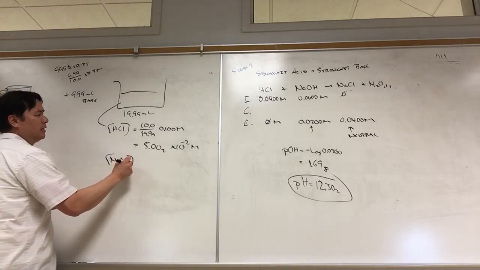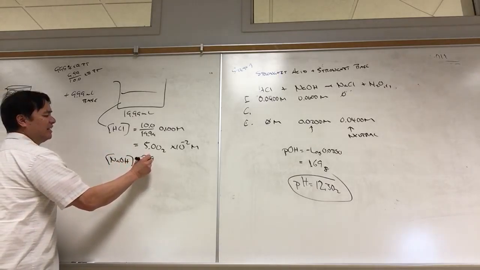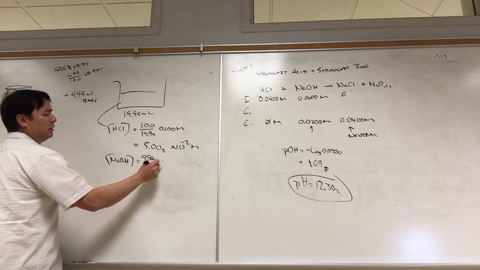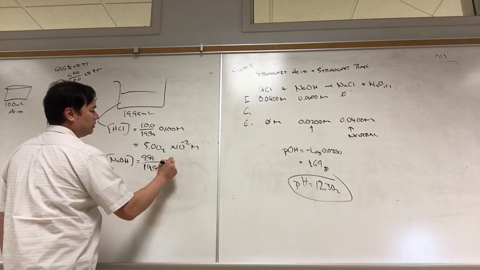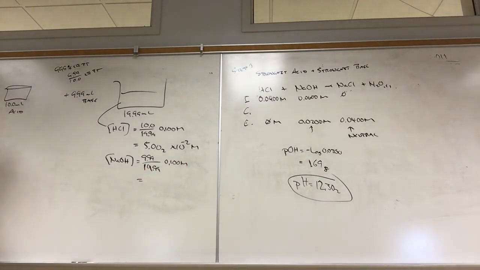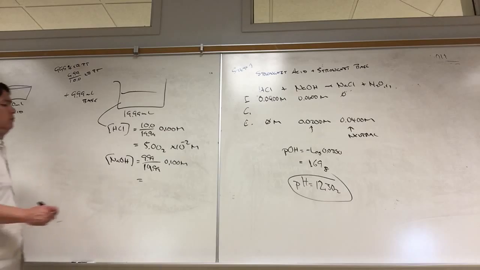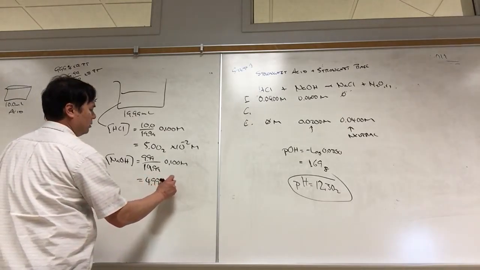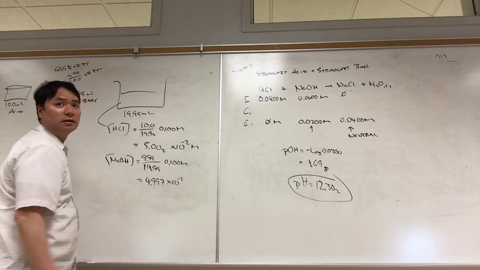The sodium hydroxide will be a 9.99 over 19.99 times 0.100. Times 10 to the negative 2.